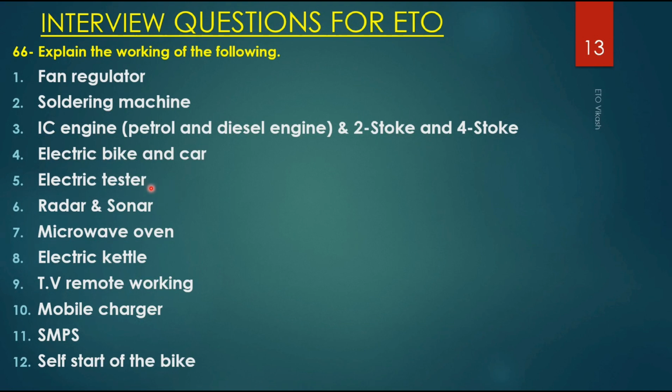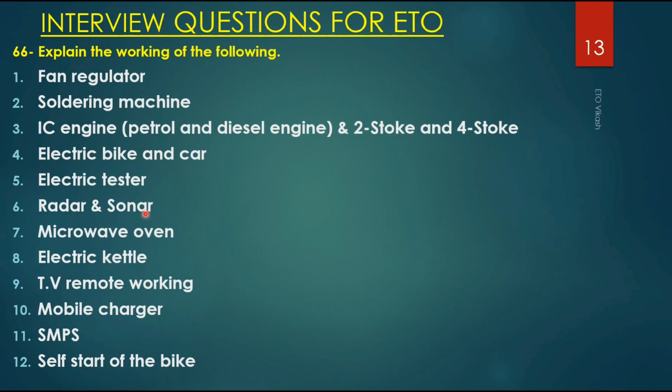Because the neutral is getting connected to earth with the help of your body, the electric tester is glowing. But you are not getting shock, because there is a high value of resistance in the electric tester. And this electric tester will not work on the ship, because on the ship the neutral is isolated. So on the ship we are not using the electric tester, we are using just a multimeter.